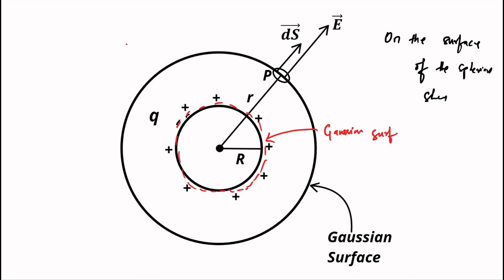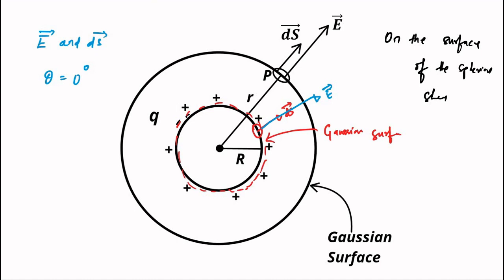Okay. So, here also same thing, if we take an area element vector here, the area element vector will be radially outwards, normally perpendicularly away from the surface, and also the electric field lines are directed in the same direction. So, the angle between E vector and dS vector is 0 degree.